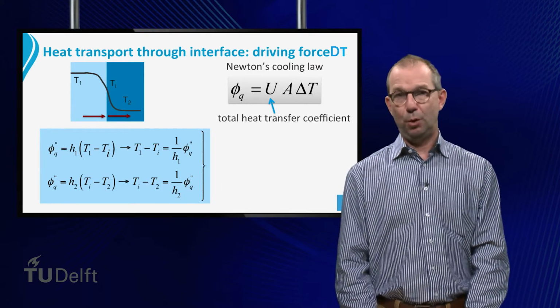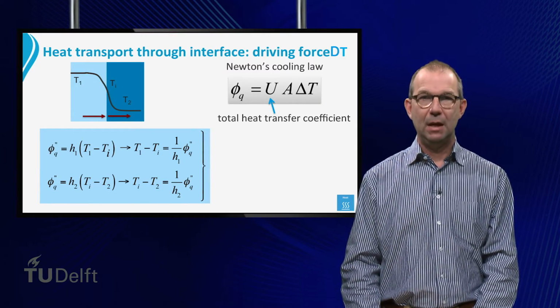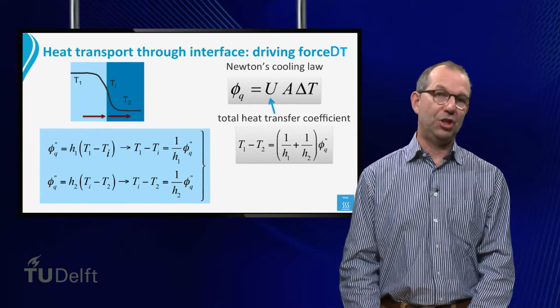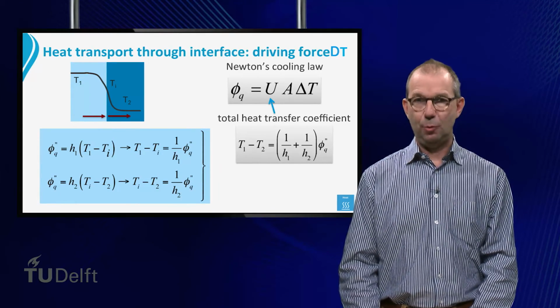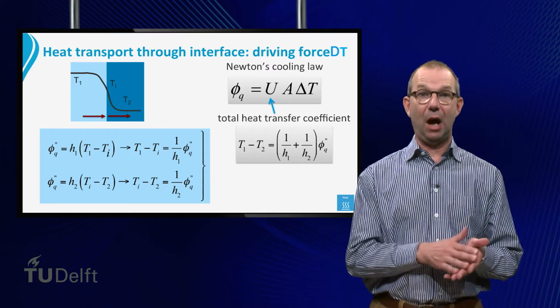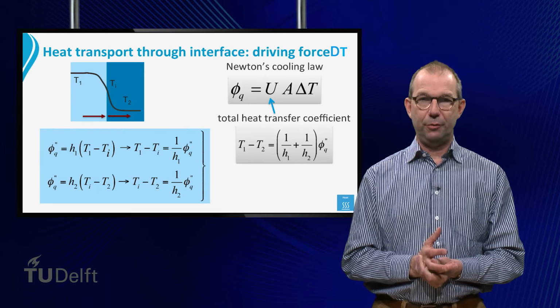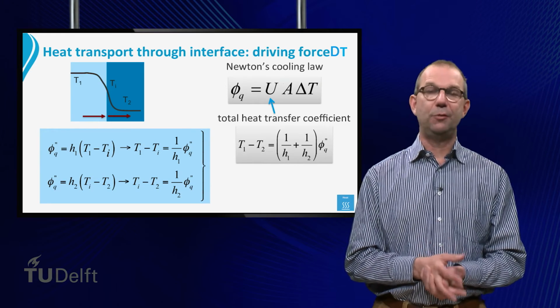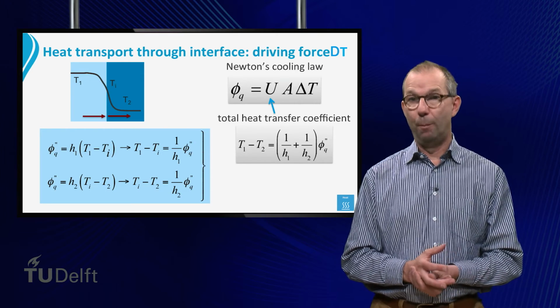We can invert both fluxes to single out the unknown interface temperature. This step is also shown on the sheet. By adding these two equations, we see that the interface temperature T i drops out of the equation, and we get that the temperature difference is indeed proportional to the heat flux. This is Newton's cooling law in reversed form.